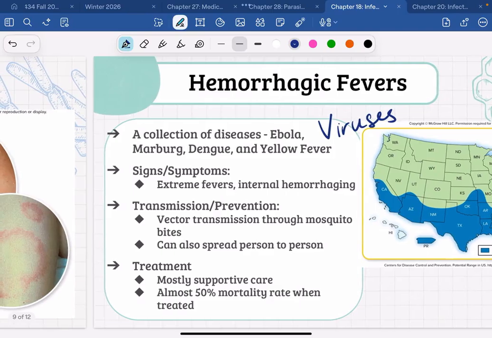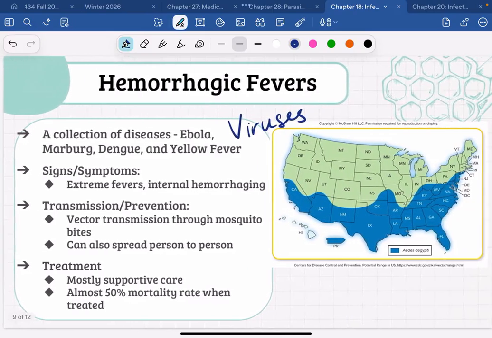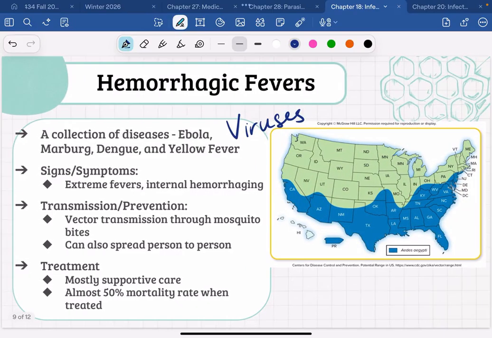Sometimes the bleeding is more internal, like it will cause bleeding in your brain or in your lungs or in your organs. And sometimes, like with Ebola virus, the hemorrhaging is very external. People who have late stages of Ebola virus will bleed out of every orifice they have: their nose, their eyes, their ears, their anal openings. There will be blood coming out of everywhere.